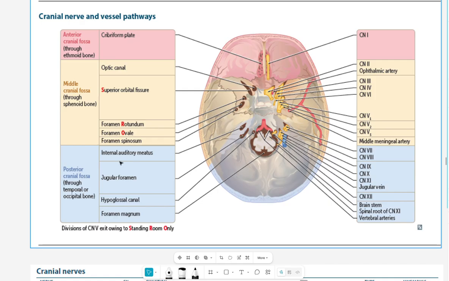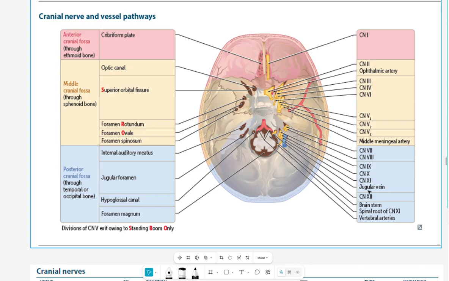Then we have the internal auditory meatus, or the acoustic meatus. In the posterior cranial fossa, you have this internal auditory meatus where cranial nerves 7 and 8 come off from, which are your facial nerve and your vestibulocochlear nerve. I told you that whenever a vestibular schwannoma affects cranial nerve 8, it very quickly goes on to affect cranial nerve 7 also, because they both emerge at the cerebellopontine angle.